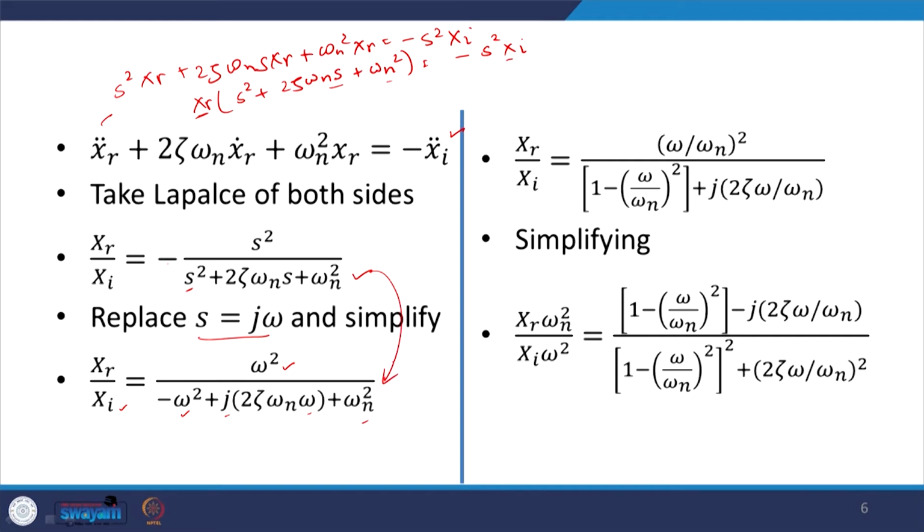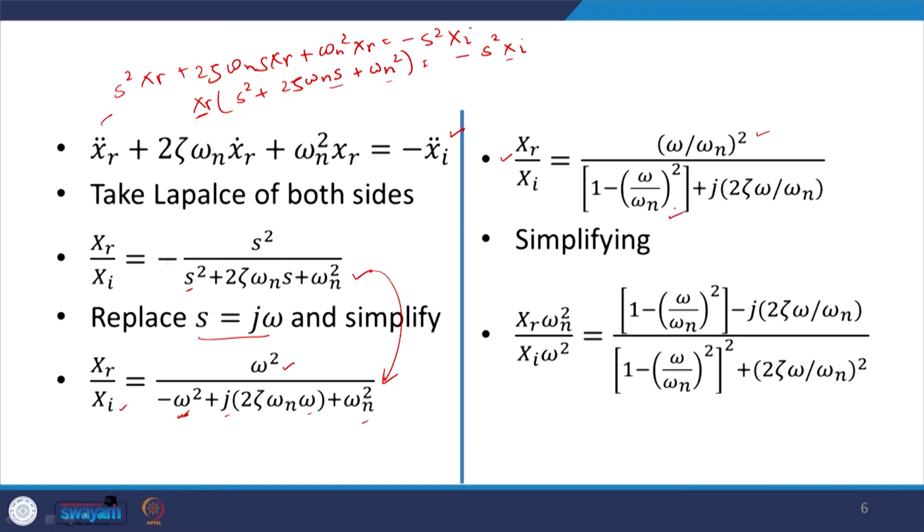Now, let us divide the numerator and denominator by omega n square. So, what we have here is Xr upon Xi is omega by omega n whole square, divided by, here we are going to have 1 minus omega square by omega n square.